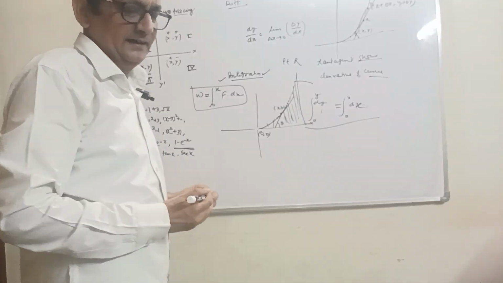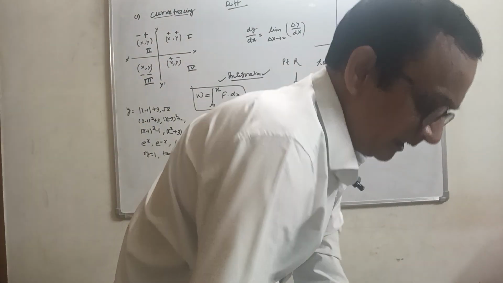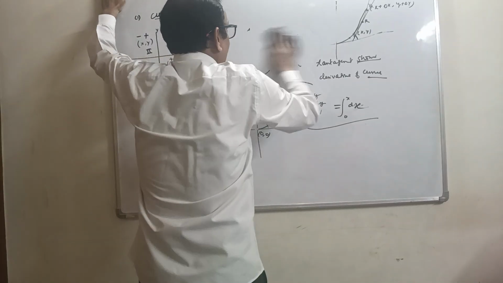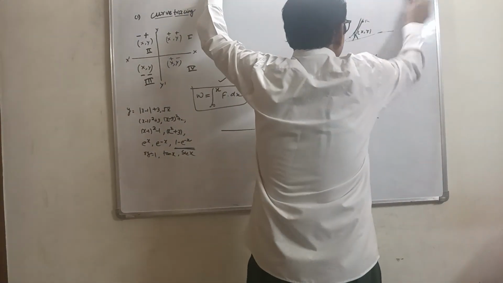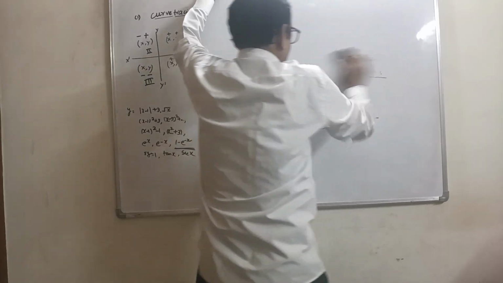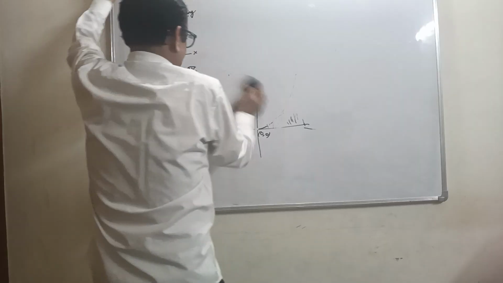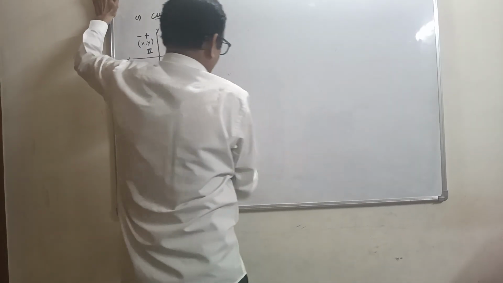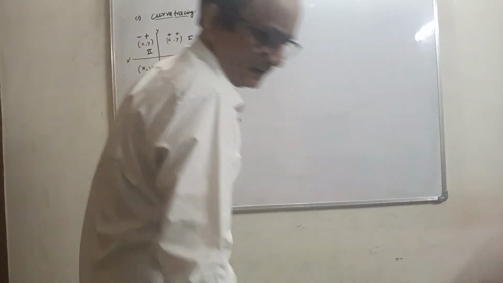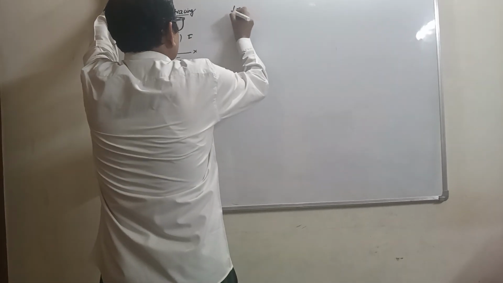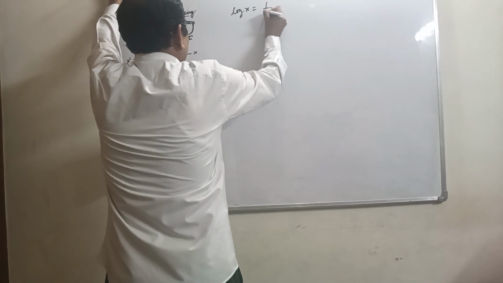We have defined differentiation and integration here. For differentiation, there are some formulas you have to remember. Suppose this is the differentiation of log x, that is d over dx of log x equals 1 by x.